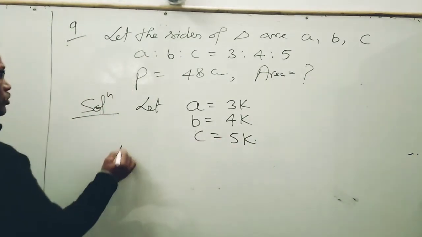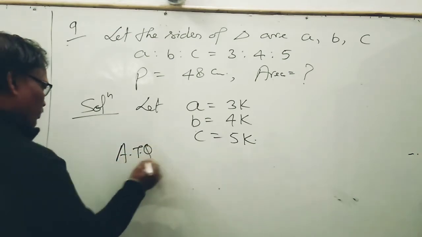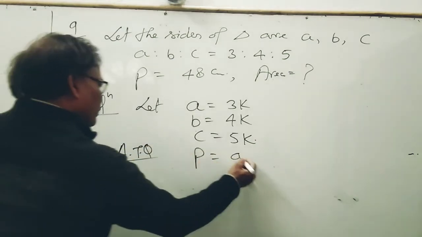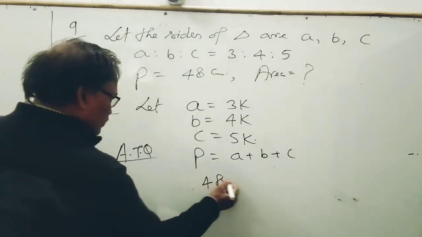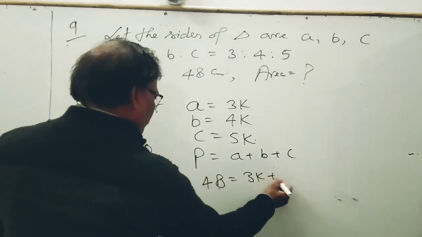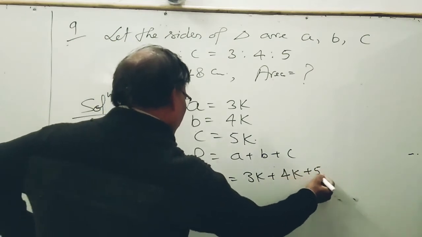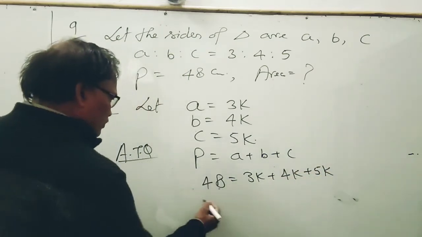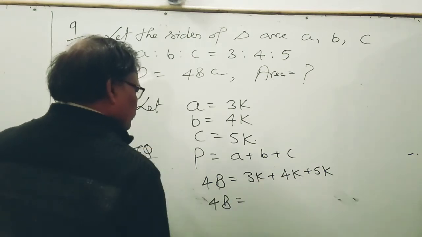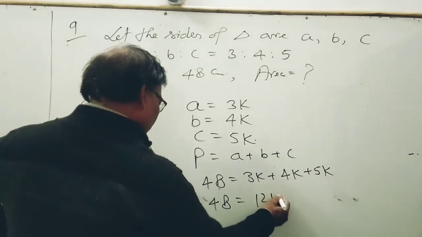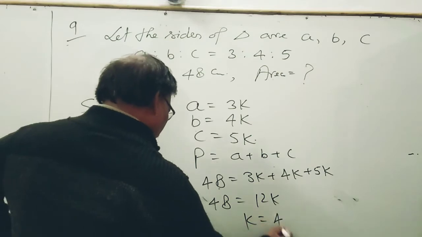Then according to question, क्योंकि perimeter is given and you know the perimeter is A plus B plus C, so 48 is equal to 3K प्लस 4k प्लस 5k इज इक्वल टू 12k. K is equal to 4.